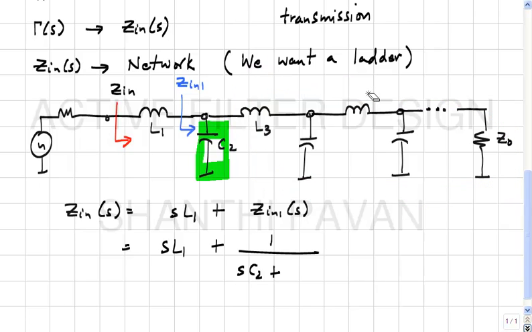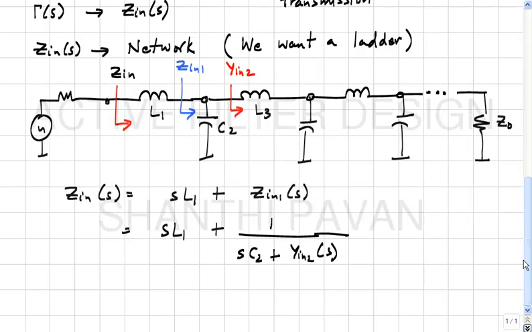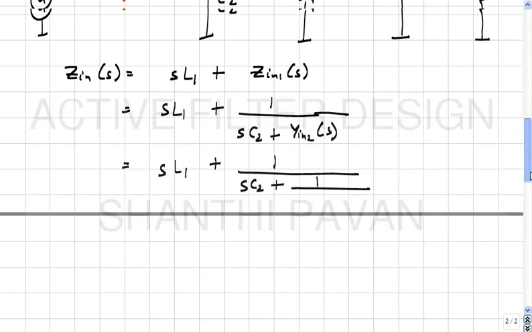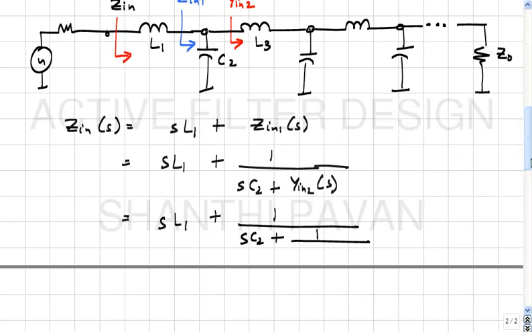So Yn2, which therefore, I mean, so now you see the way things are proceeding, it's SC2 plus 1 by Yn2 itself is realized as a series combination of stuff.